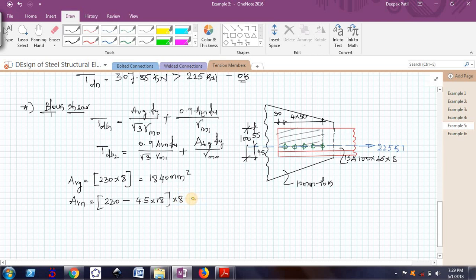So 230 minus 4.5 into 18, multiplied by 8, gives 1192 millimeter square. Similarly, ATG is 55 into 8, which comes out to be 440.